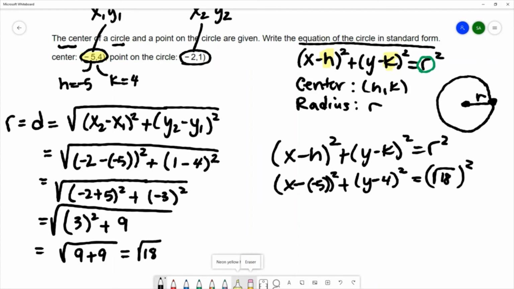This simplifies to (x plus 5) squared plus (y minus 4) squared, and square root of 18 squared is 18. So that gives the equation of the circle in standard form.